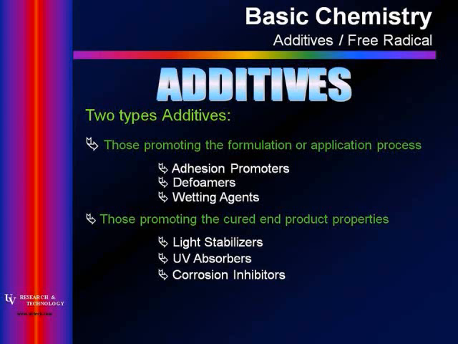Second, the long-term appearance or durability of a UV-cured ink or coating may be enhanced through the use of additives such as UV absorbers, light stabilizers, and optical brighteners. A good understanding of the interaction of all formulation components within a formulation guides the selection and balance of these additives. The next few slides will summarize the various additives required by today's diverse applications for free radical UV systems.